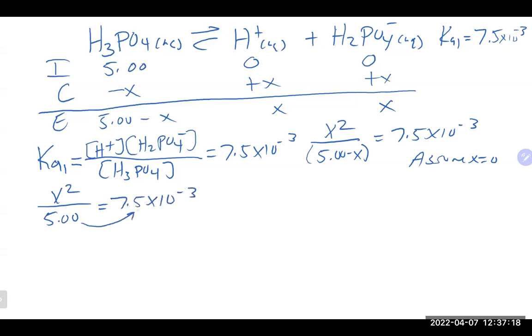Normal math, multiply to the other side and take the square root. So 7.5 times 10 to the minus 3 times 5, and some square rootage, gives me an x value of 0.194. We do want to check it, so we take 0.194 divided by 5 times 100, and it is 3.9%. Yay.